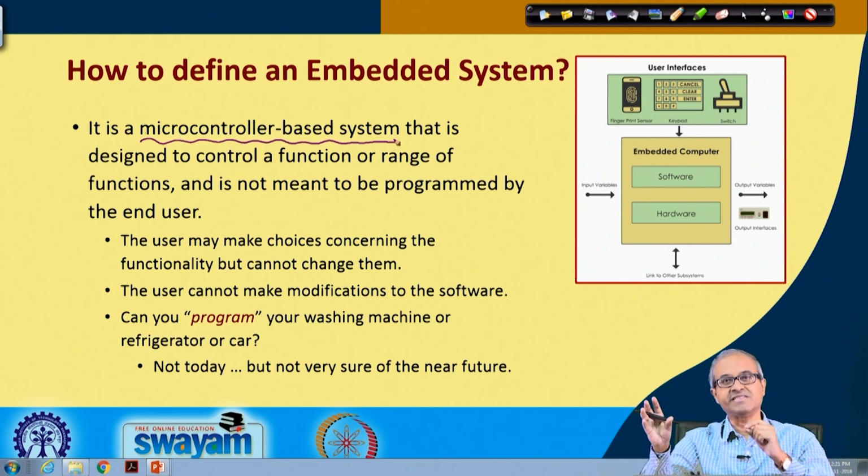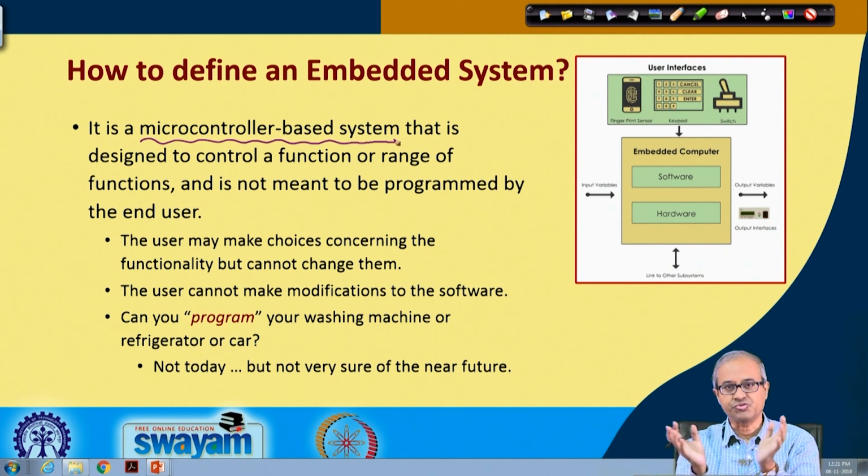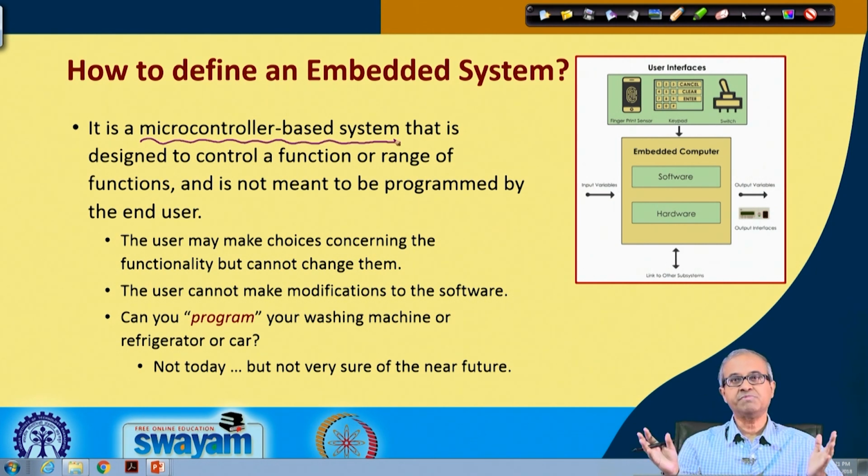The processor that is inside has to be low cost, low power, and small in size. There is a kind of processor called a microcontroller, which we shall be talking about throughout this course. They satisfy all these criteria. So, most embedded systems have microcontrollers inside them.